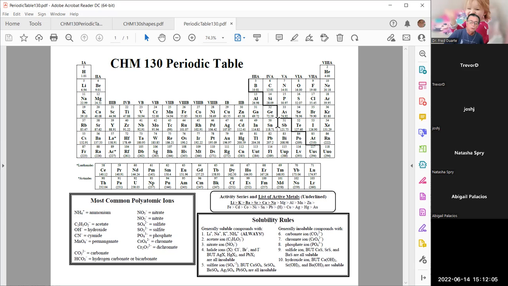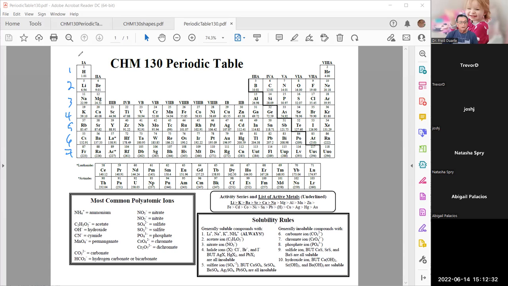Okay, well, let's do some electron configurations of the first 20. We can do it very quickly. Now what I'm going to do is mark the periods: 1, 2, 3, 4, 5, 6, and 7.